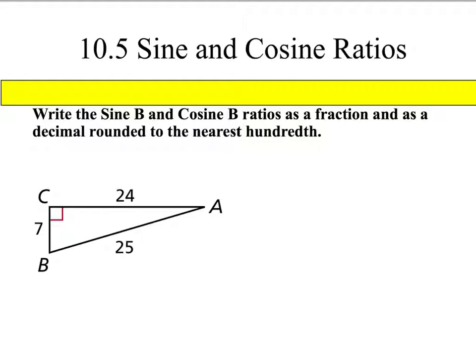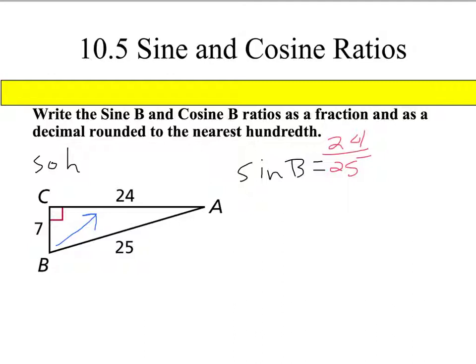So right now we are finding the sine of B. We know the sine of B is opposite over hypotenuse. I'm looking at the opposite of my B angle, which is 24, and my hypotenuse is always going to be the same, 25. So the sine of B is always going to be 24 over 25 in this triangle.